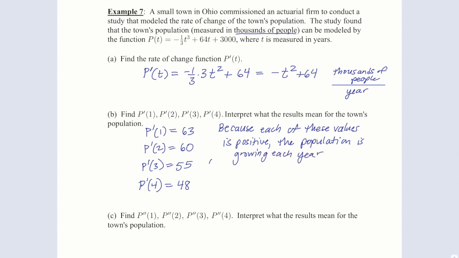And let's say, for example, in year 3, growth rate is roughly 55,000 people per year.